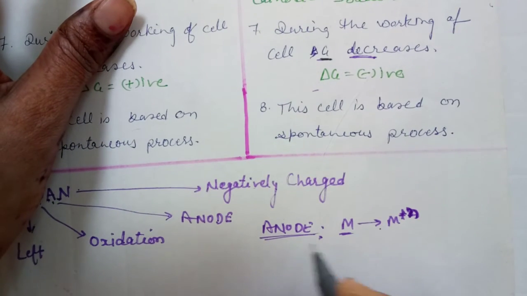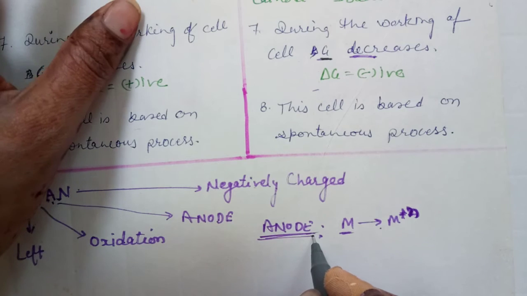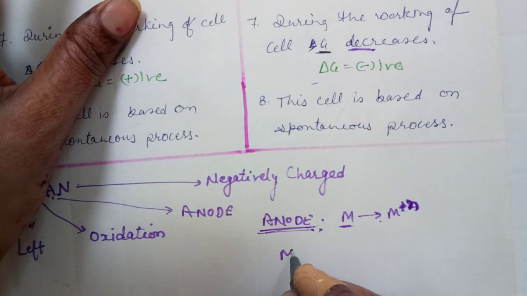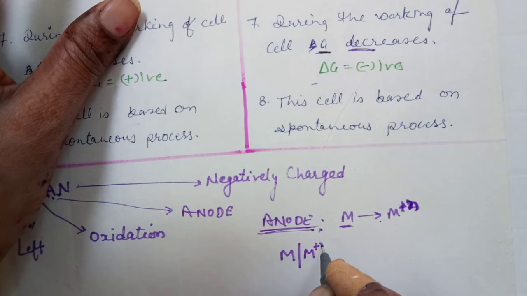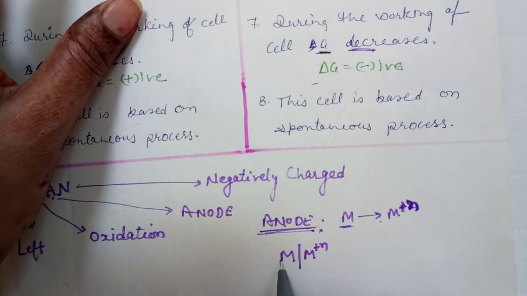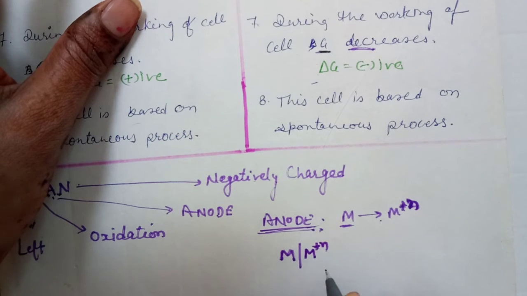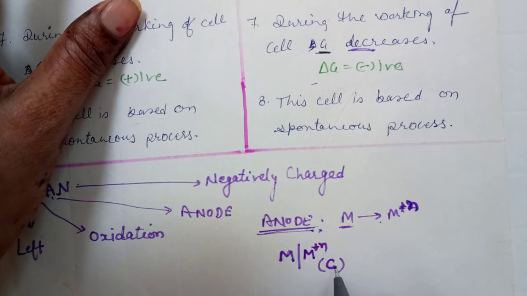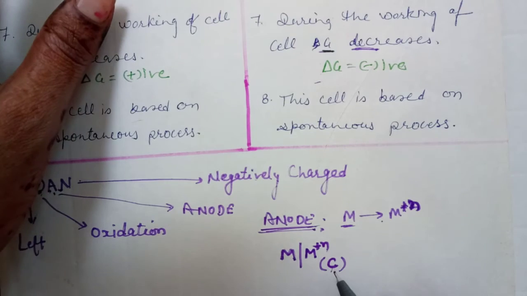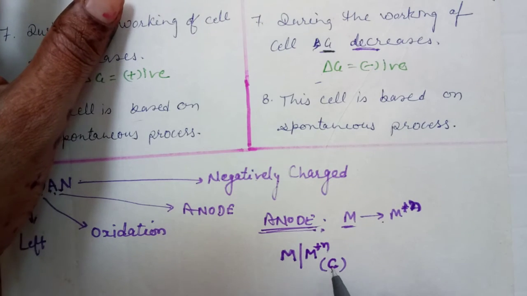So we denote the anode by M, then one vertical line, then M plus n. It means the metal rod M is in contact with M plus n ions, and the concentration C is written, which is the molarity or normality of the solution.